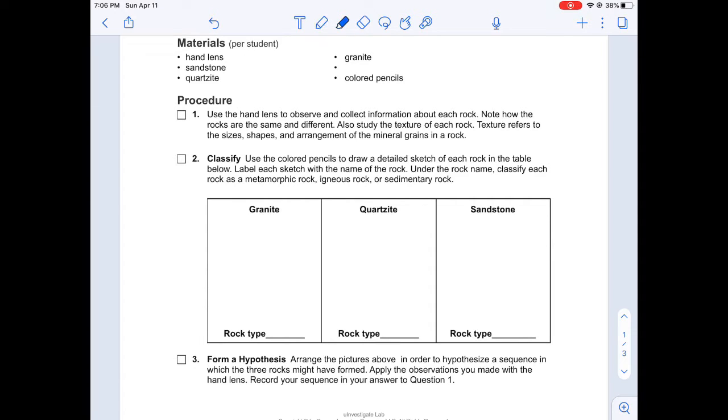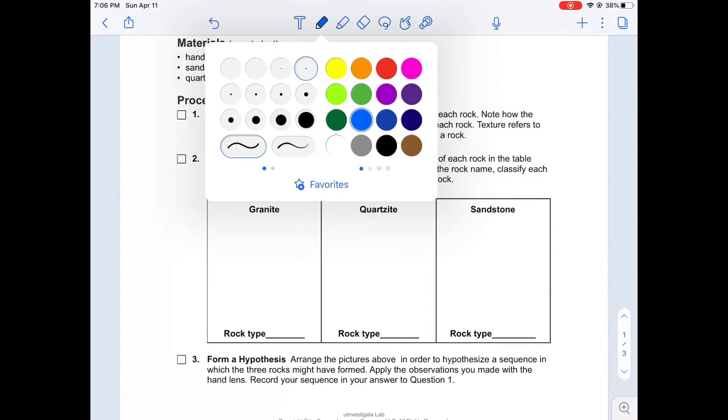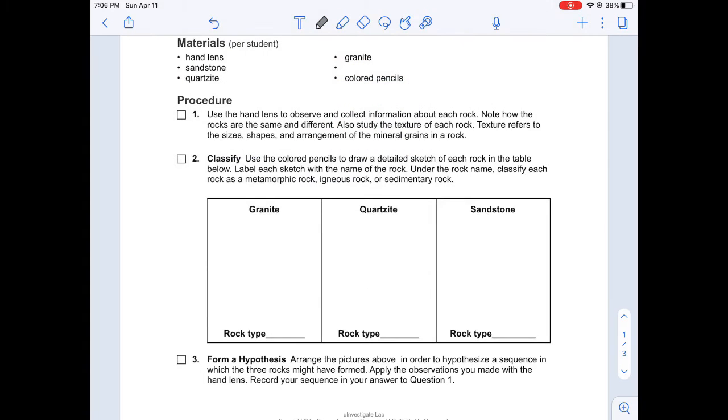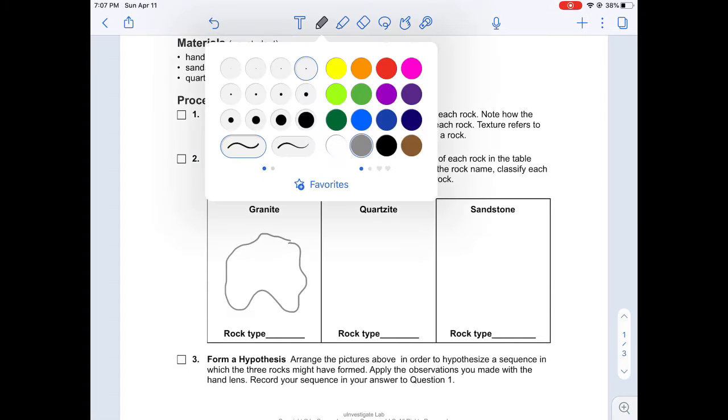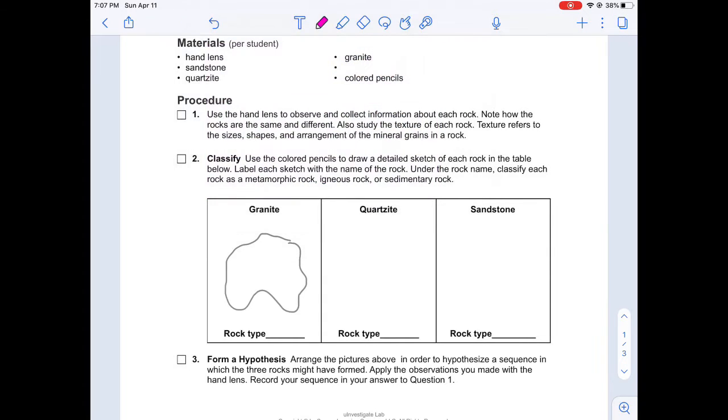So I'm going to start with my granite rock, and I'm going to use a gray outline for it. It has an irregular shape. And what I see in my granite is a lot of different sized, shaped crystals and different colors. So I'm going to put those in here.